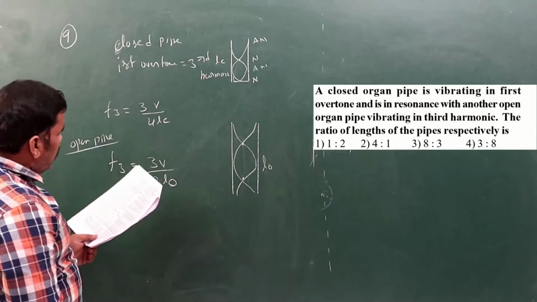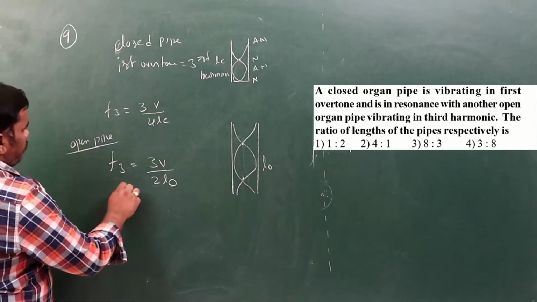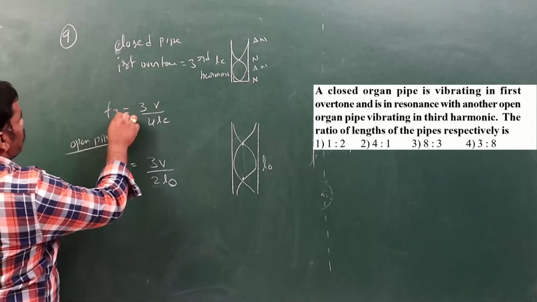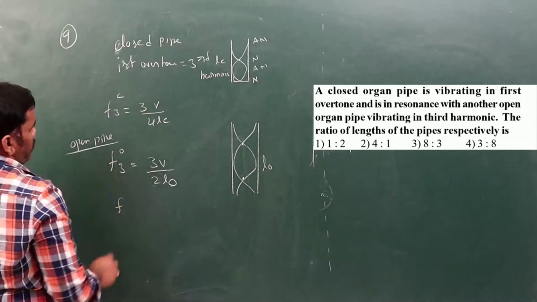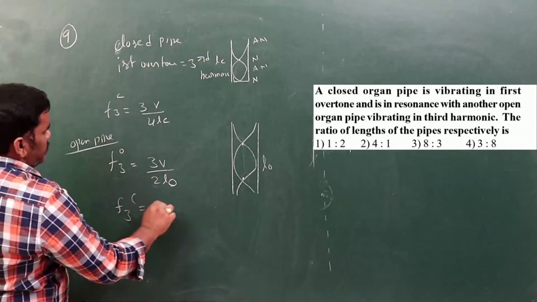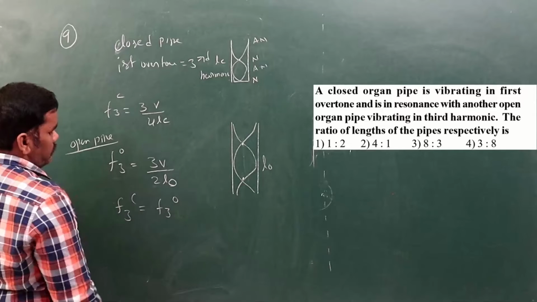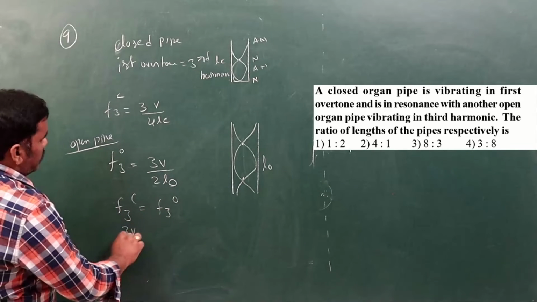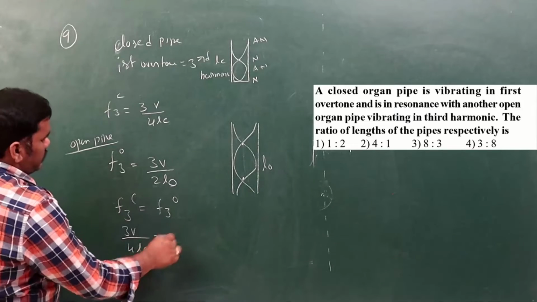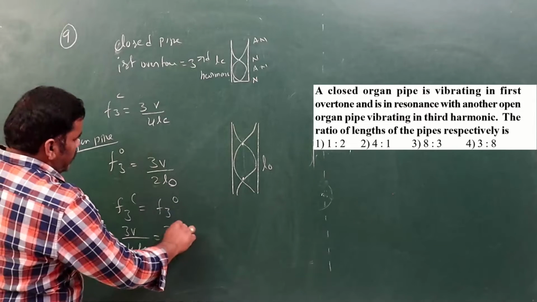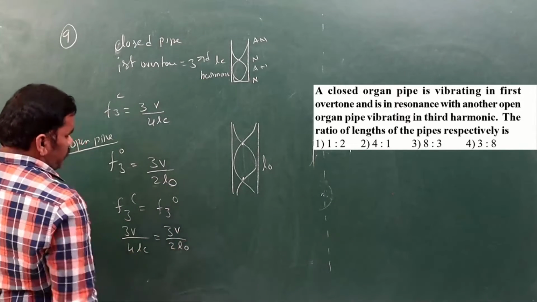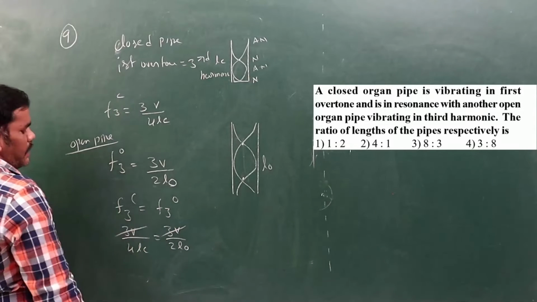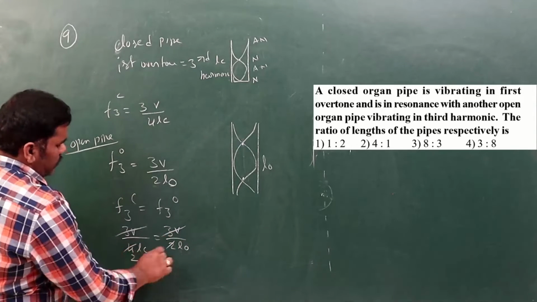So here both are in resonance. Resonance means this is closed, this is open. So F3 of closed is equal to F3 of open. That is 3V by 4LC is equal to 3V by 2L0. 3V gets cancelled.